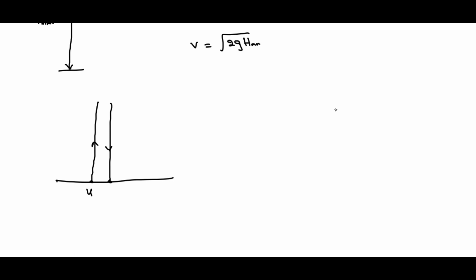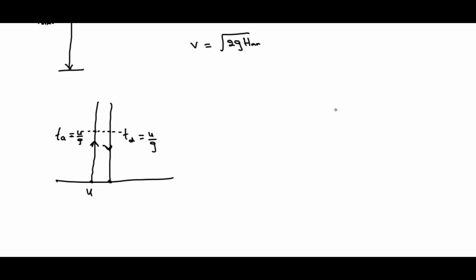But the direction of the velocity here is reversed. At any point, the magnitude of the upward velocity is equal to the magnitude of downward velocity. And the time of ascent is equal to time of descent also.